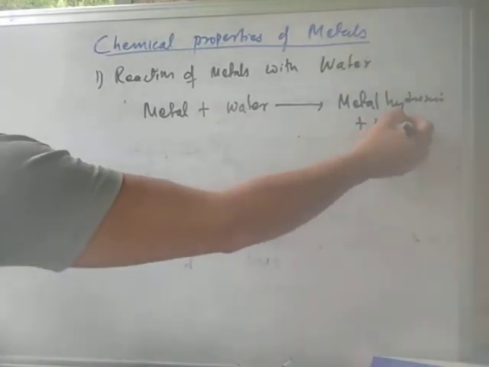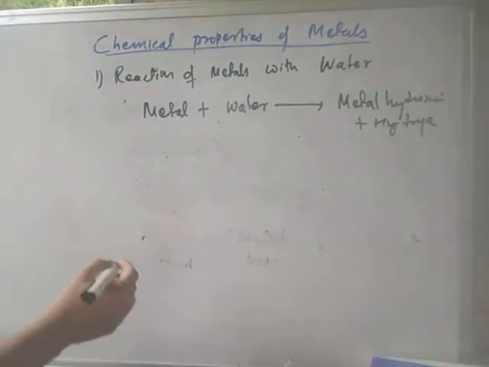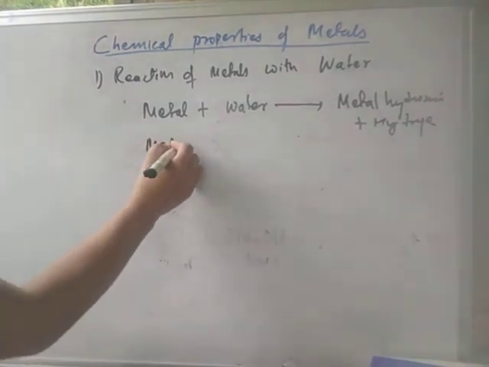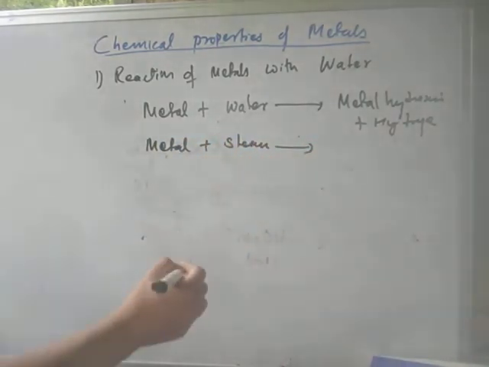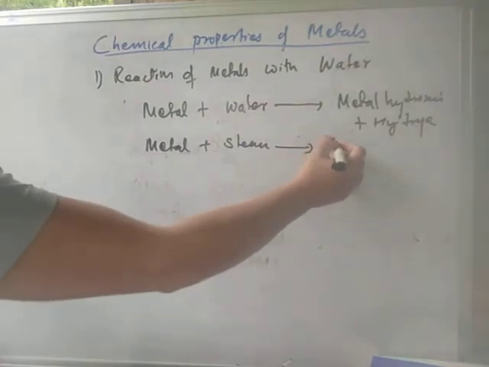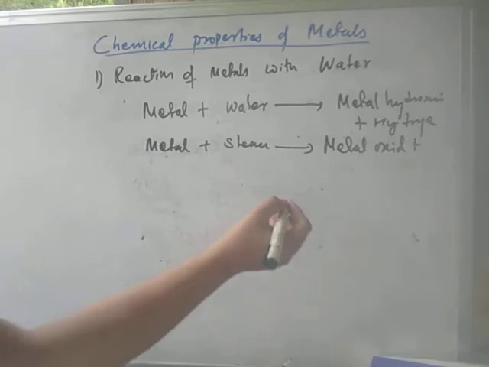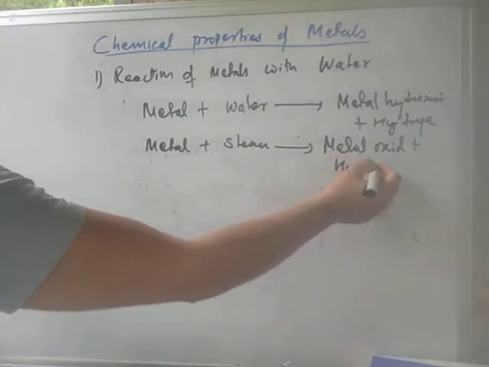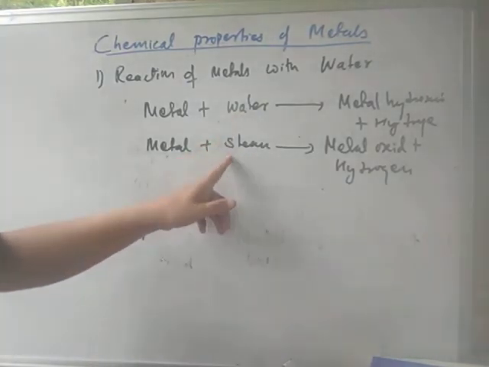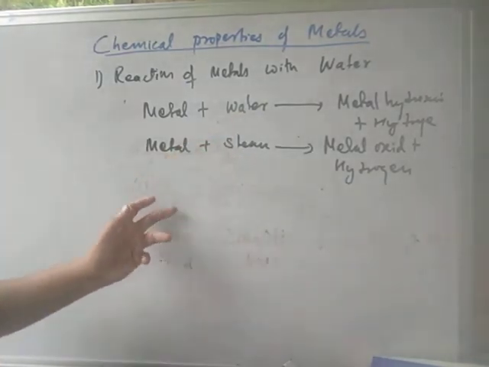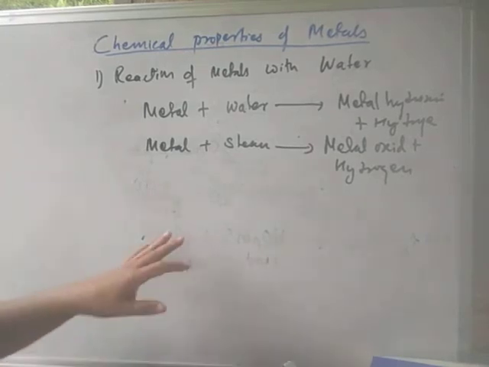Next, metals react with steam to give metal oxide plus hydrogen. Clear? This is normal water, this is steam, meaning boiled water, and it gives metal oxide plus hydrogen.